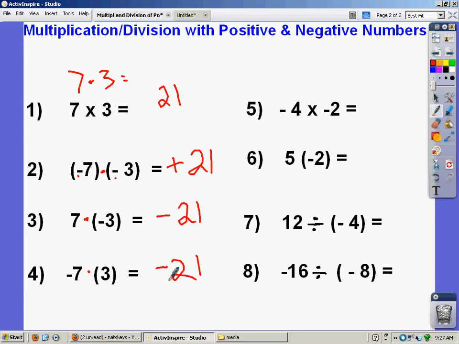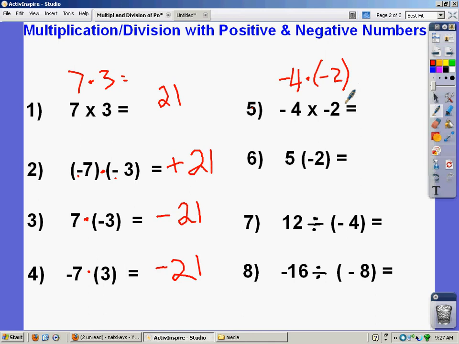Alright, example number 5. Negative 4 times, and I use the x in this particular case. Again, I can rewrite this like this, times negative 2. And I could also put parentheses. Sometimes it's a good idea to put parentheses around the negative sign for emphasis.